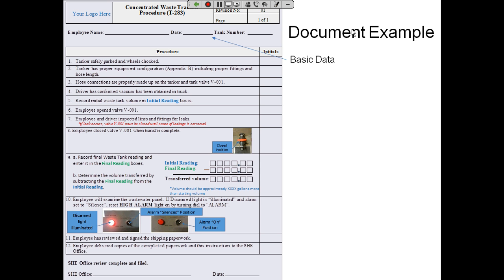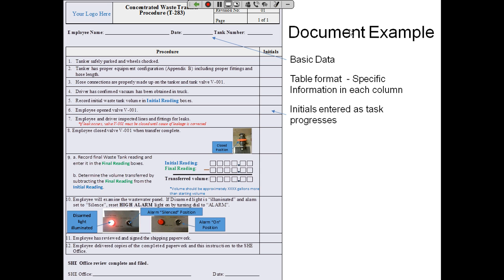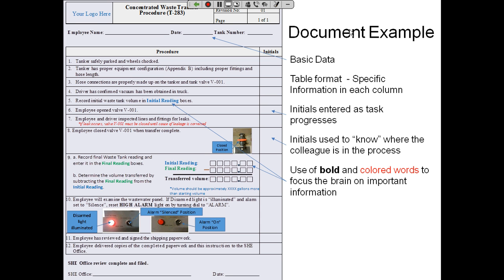we have a document that is very picture heavy in this case, which is a good thing. Basic data is called out. There's a tabular format. Initials are entered as the task is progressing. You know where the person is in the process through the sequential layout of this.